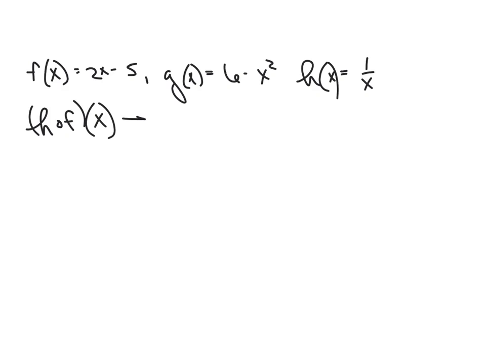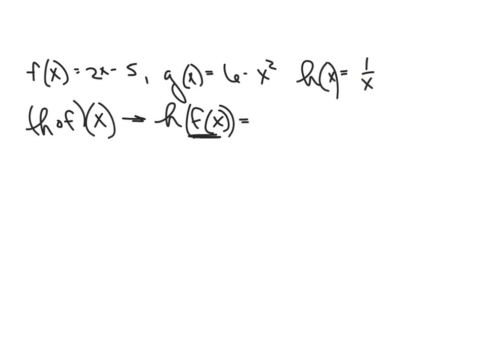Now remember what I said? Write this as that first. So f of x is 2x minus 5. So that says whenever you see an f of x, you're going to put whatever f of x is here, 2x minus 5, into h. Okay, so look what happens here.